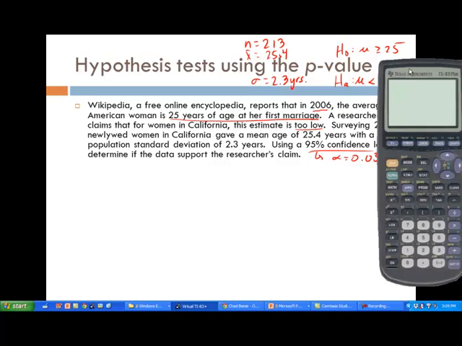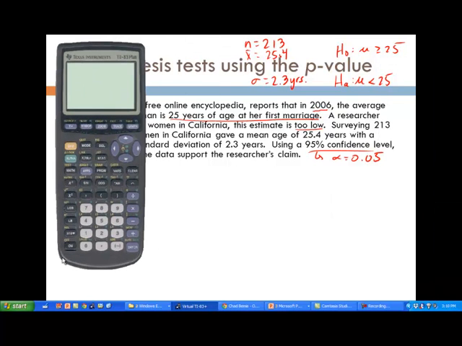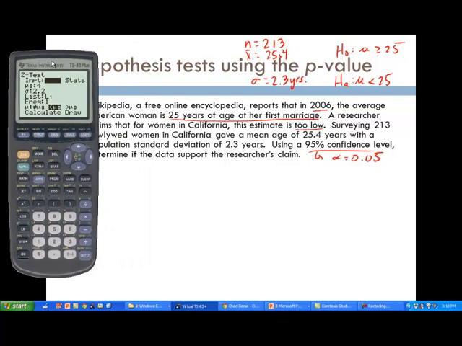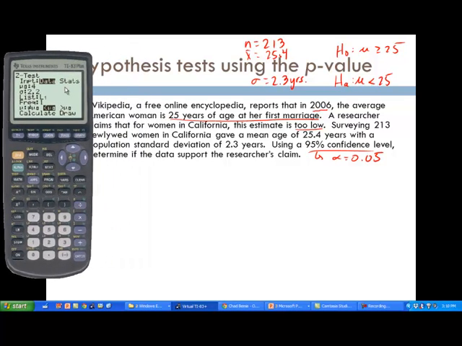So using the calculator to perform a test here, we would do a z-test, given that we know the population standard deviation. We're going to enter statistics here because that's what was given to us. The mu0 here would be the claimed mean, which is 25.